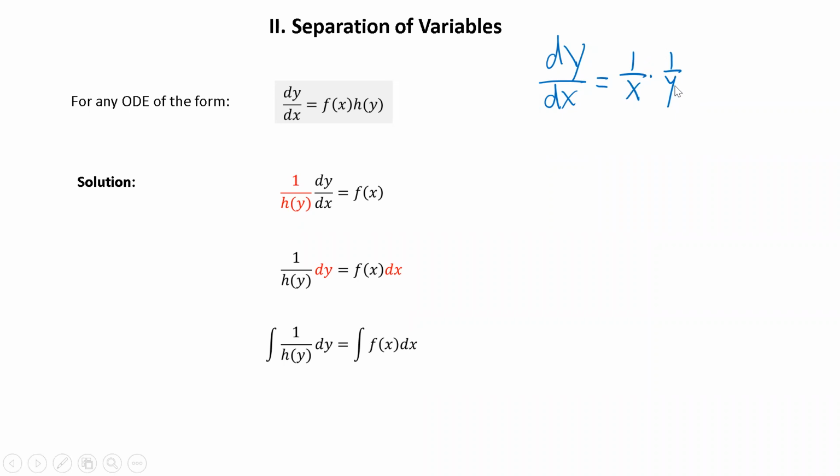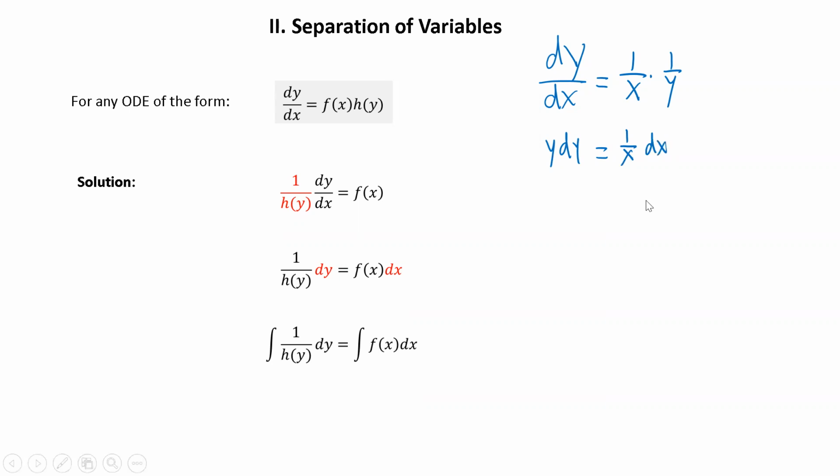As I said, the strategy is to put everything related to y on one side of the equation, and everything related to x on the other side. So I'll put the 1 over y to the left hand side, and then I will have y dy. And putting everything related to x on the right hand side, I will have 1 over x dx.